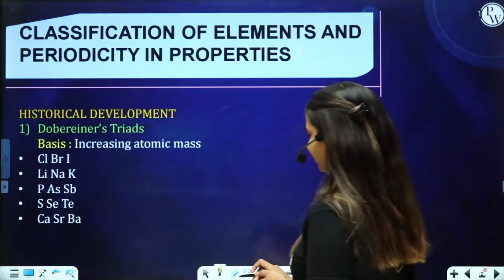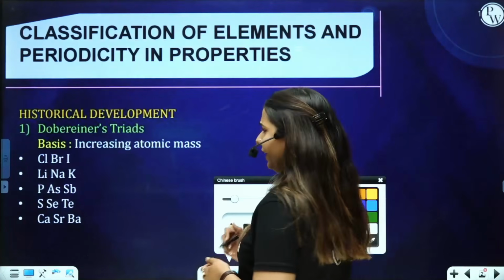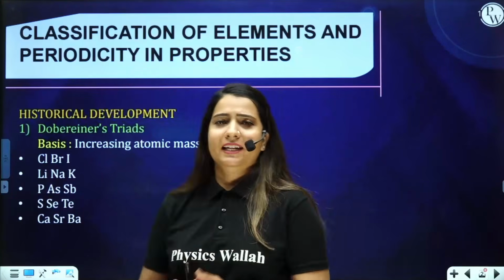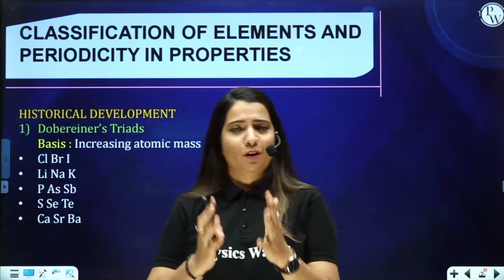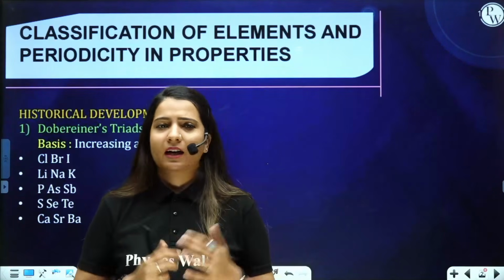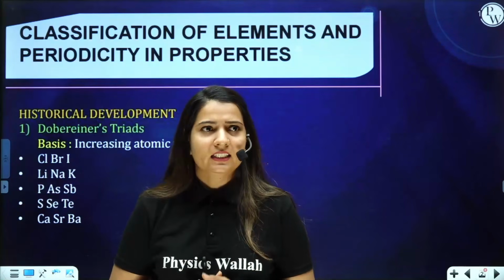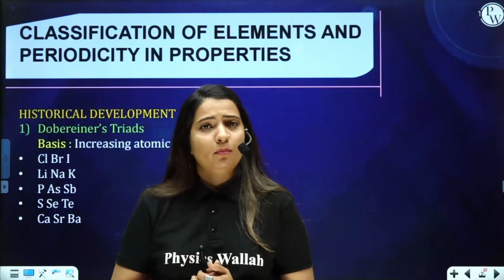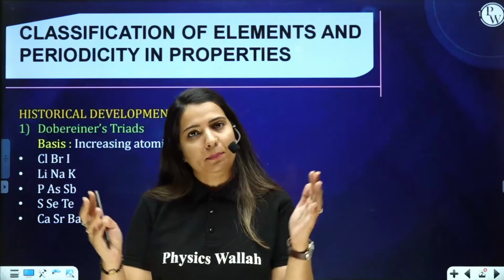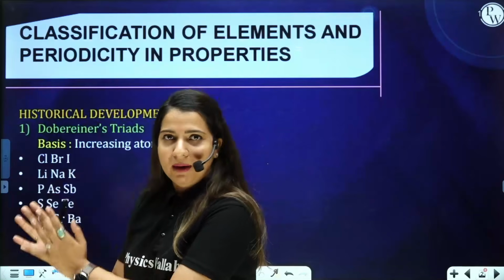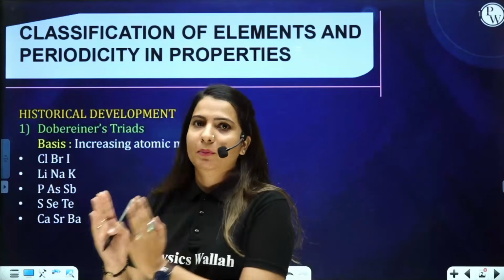First of all, whenever we are starting a chapter or whenever we are making a perfect periodic table, there are many scientists. They will come, they will say some things. Some of the things will be accepted, some will be rejected. The accepted things are accomplished and then put into a particular manner that will give us the modern periodic table.